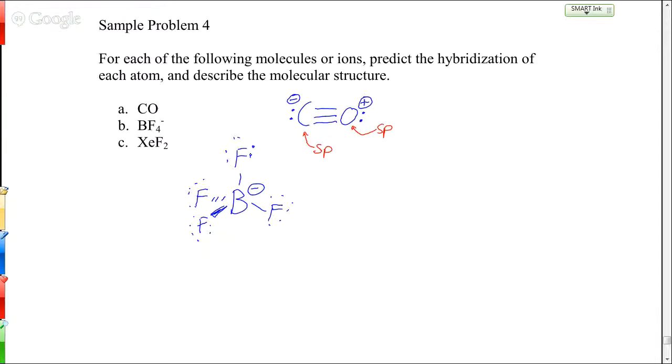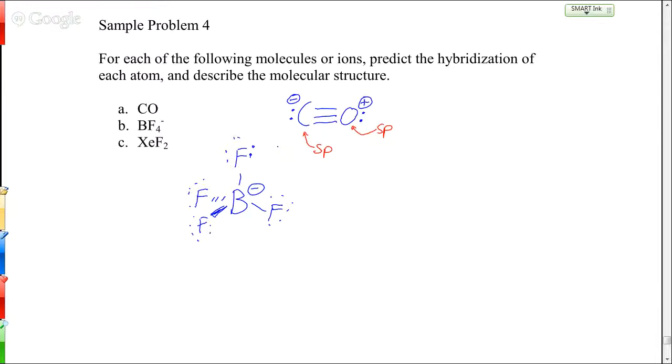What shape is that? Yeah, it's tetrahedral, 4 groups around the central atom. Now, when you first write down the Lewis structure, you may not write it like that. You may write it in a normal, kind of T-shaped way. But once you discover that there are 4 electron groups and it should be tetrahedral, then you should redraw it to reflect its molecular structure like this.